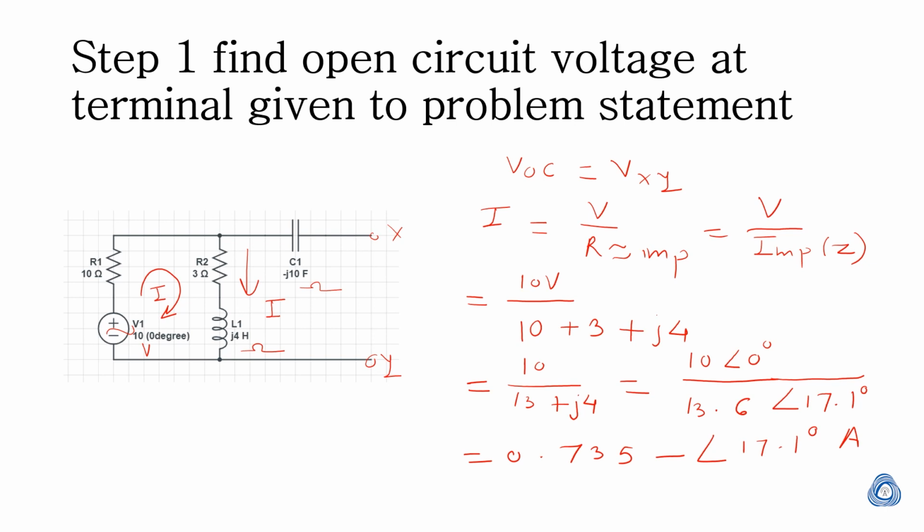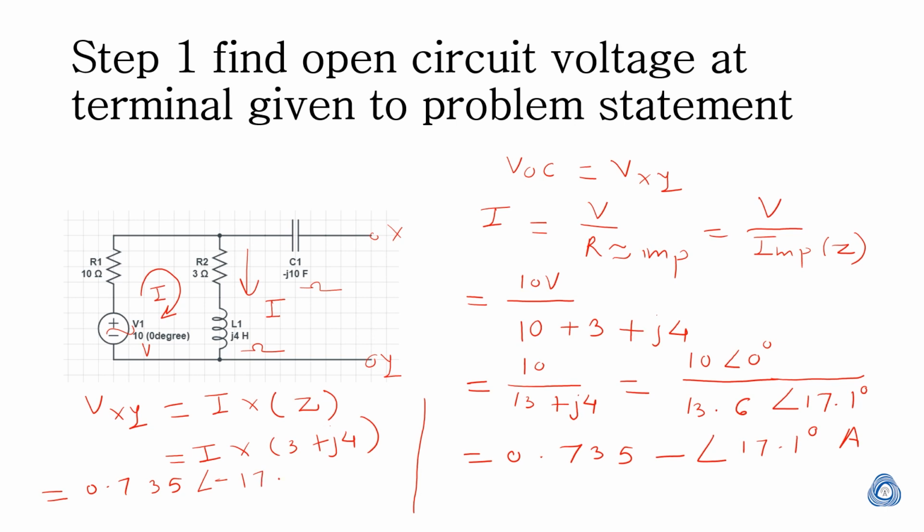Now next we want to find the voltage VOC or VXY. So VXY is equal to current I times impedance Z, which is nothing but I into 3 plus J4. So putting the values, the current is 0.735 angle minus 17.1.